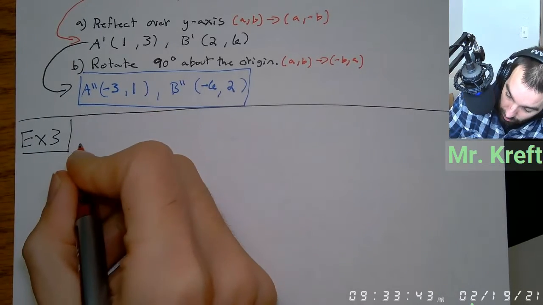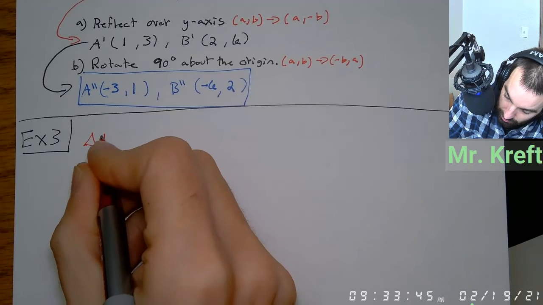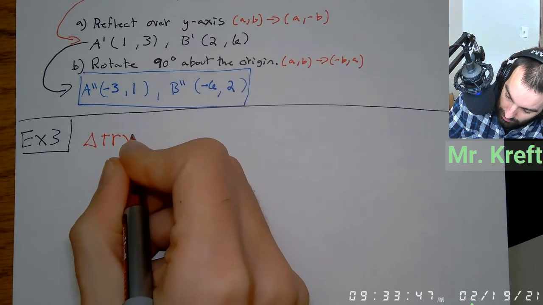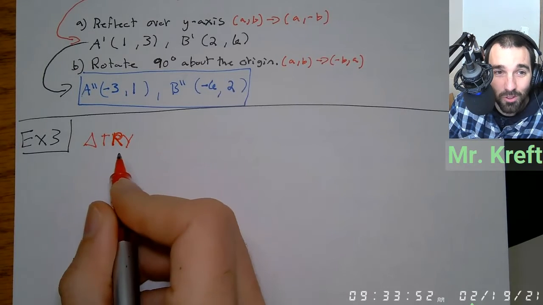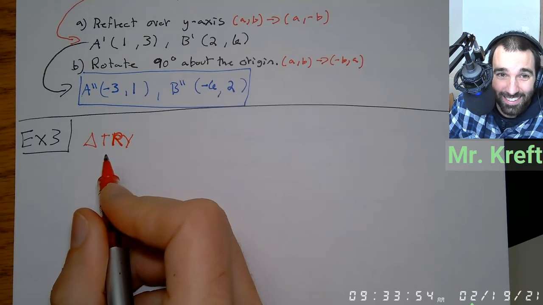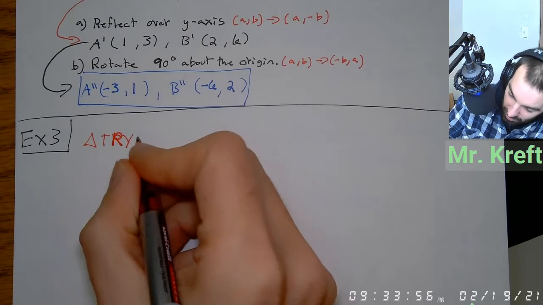Let's do a triangle. So let's say I have triangle TRY. Oh, I should do capital letters. TRY, because everyone's going to try this problem. Is that good? You guys like that? So you guys are going to try this.